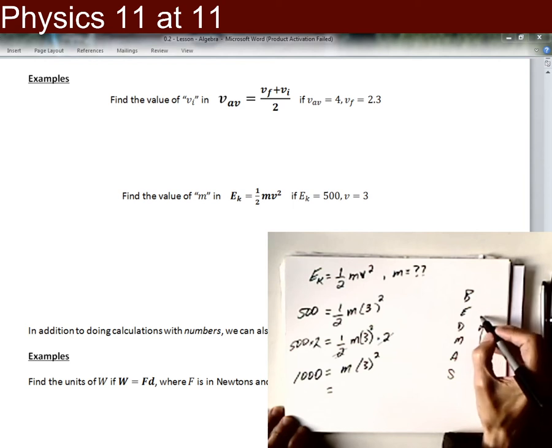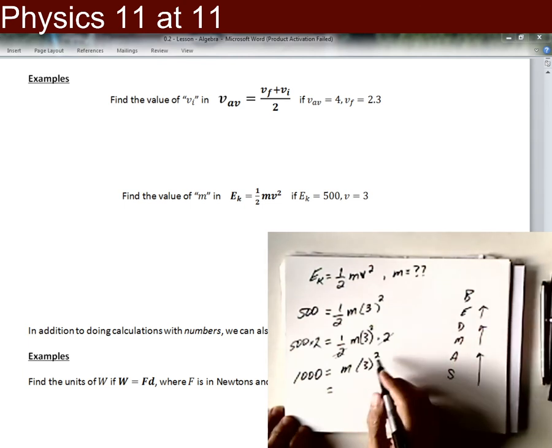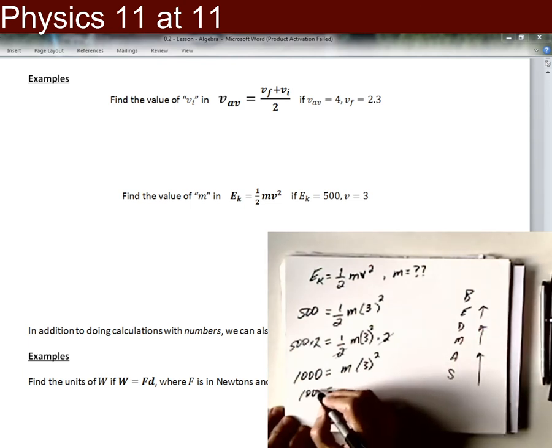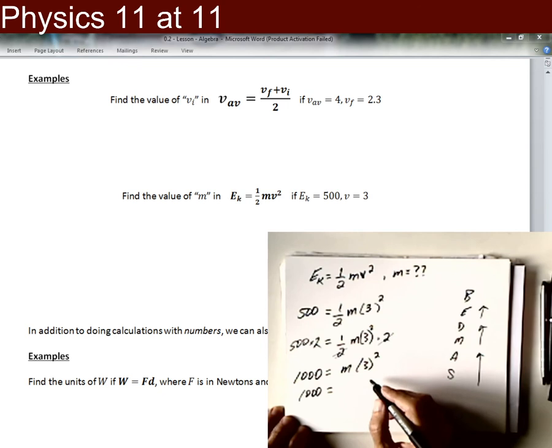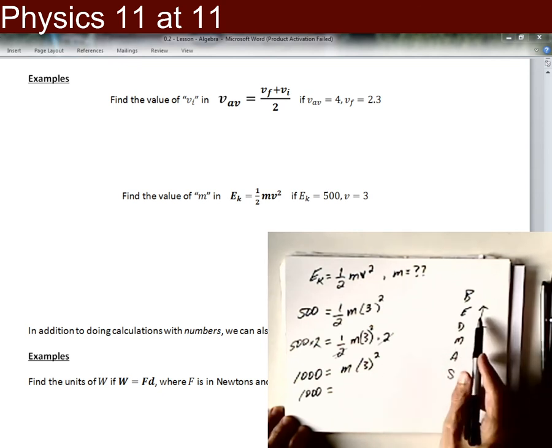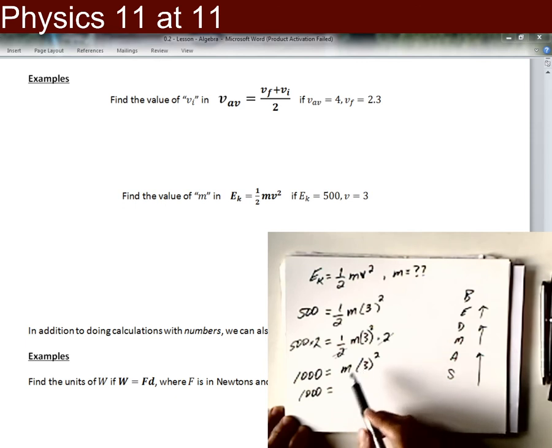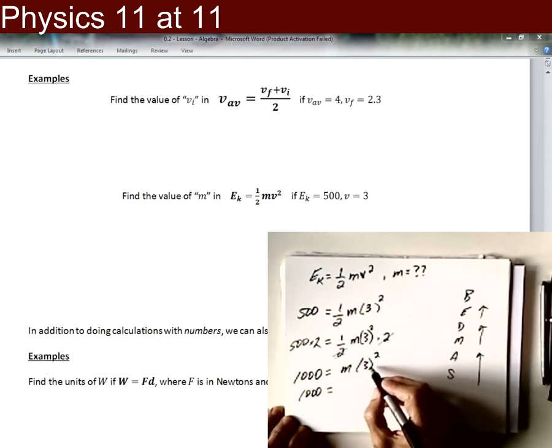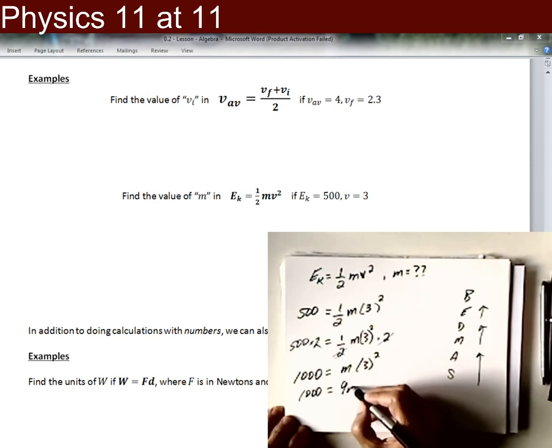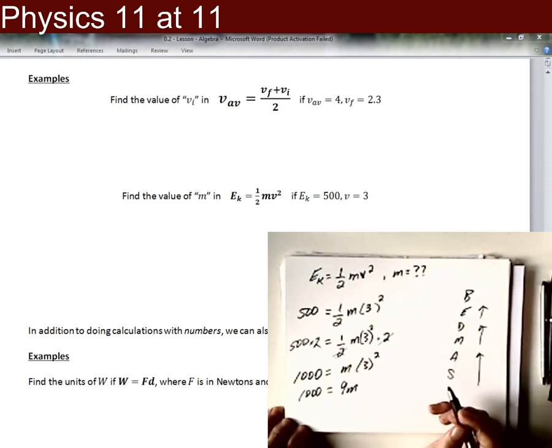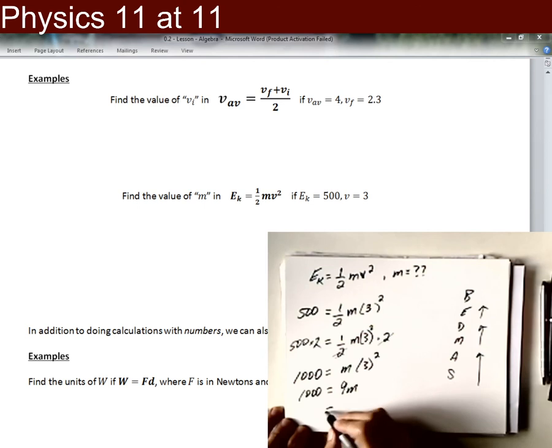All right. Now we deal with the exponents here. So we get 1,000. Now this exponent I might add is getting a bit awkward, but on the variable, there aren't any. So we just work this out. 3 squared, 9. That's 9m. And now we're back.